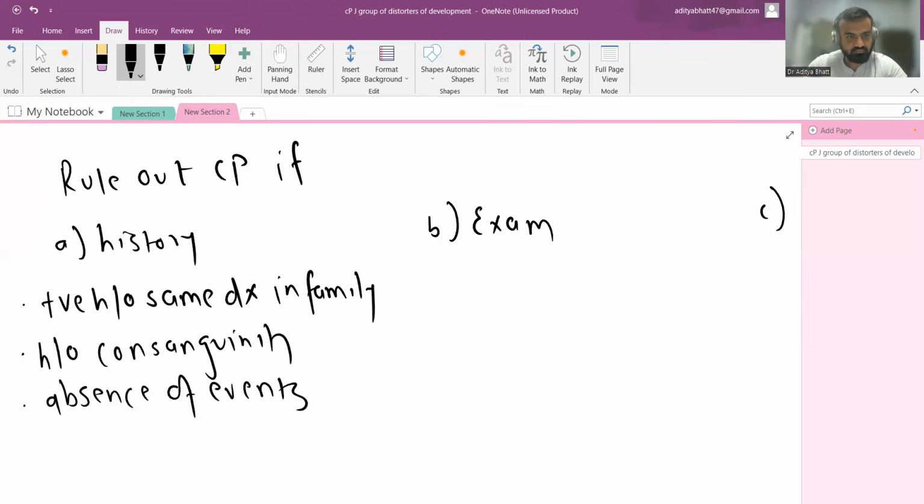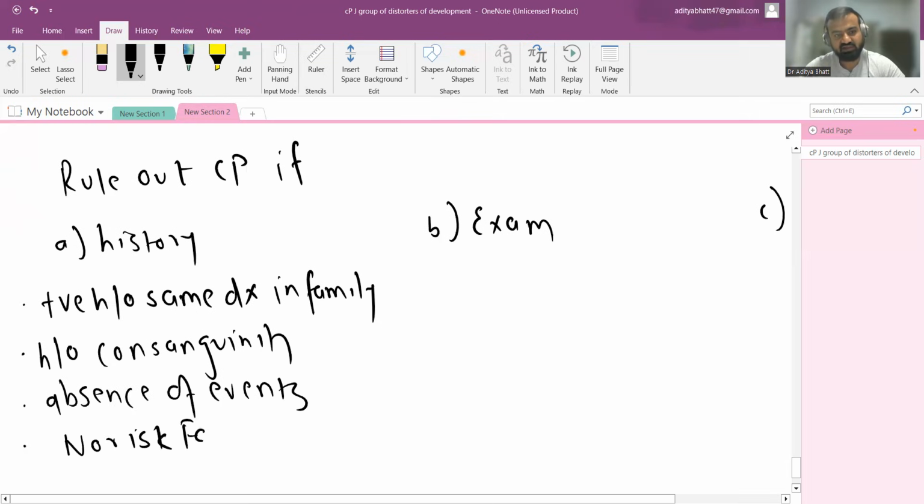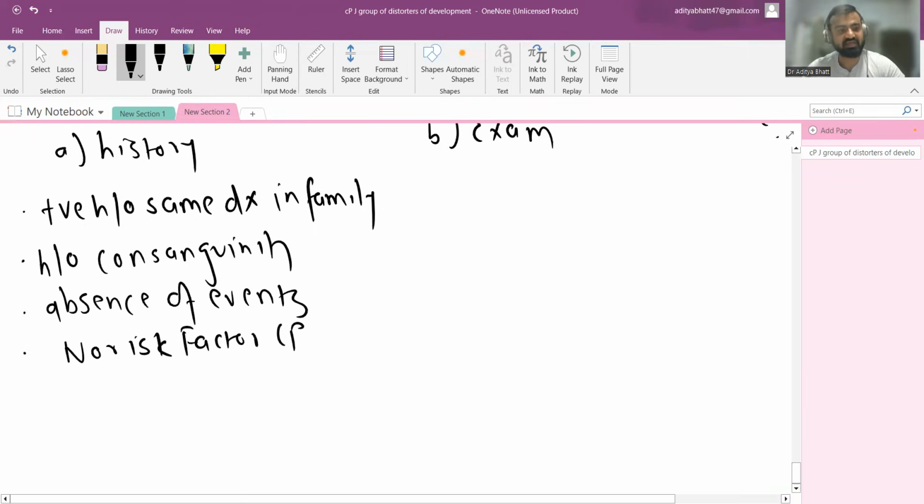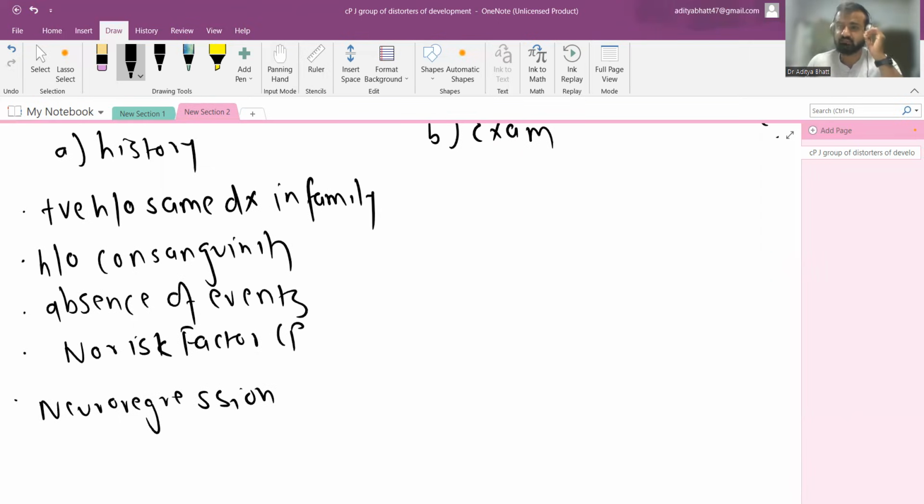Okay. And fourth, no risk factors for CP. The risk factors that we noted, no risk factor for CP. Then there is neuroregression. Neuroregression is never seen in CP. Neuroregression is always something insidious. And the most common cause we have been seeing is leukodystrophies.